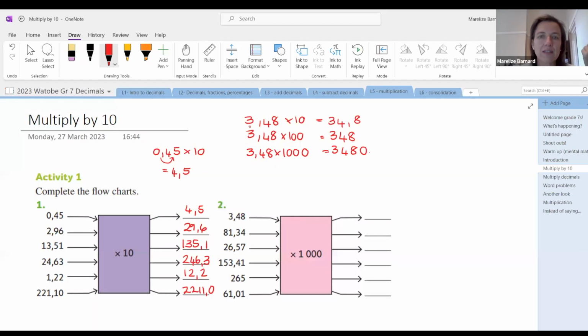You can literally think of it as there's 3 zeros in 1,000, so it must move 3 spaces to the right. And why is it moving to the right? Because we are making the number bigger. If we're timesing it by 1,000, it's definitely not going to go smaller. It's going to go bigger. Okay, so 3480.